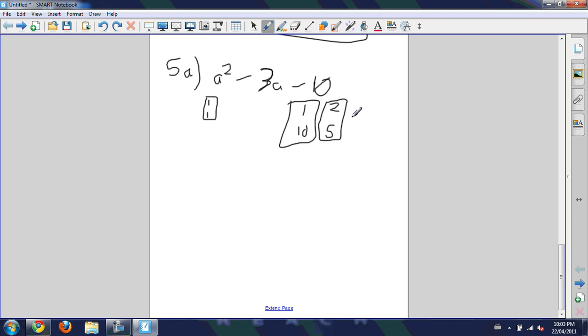And by looking at it, I know that 1 will be multiplied by that, and 1 will be multiplied by that. But the thing is, this has to be a negative. So that means there will be 2 minus 5 plus would equal minus 3, which is that.